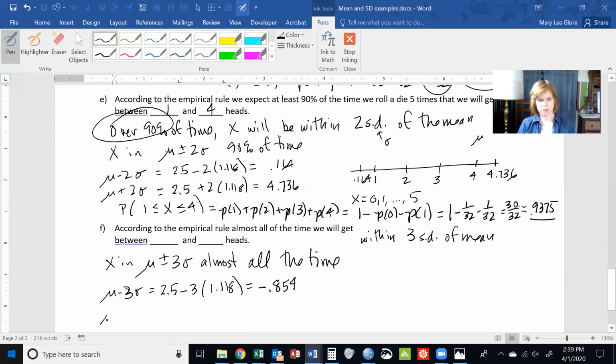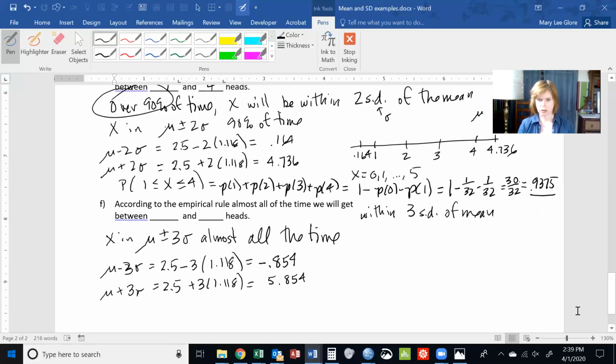And then mu plus 3 sigma is 2.5 plus 3 times 1.118, and that happens to equal 5.854. Okay, so here's negative 0.854 and positive 5.854.